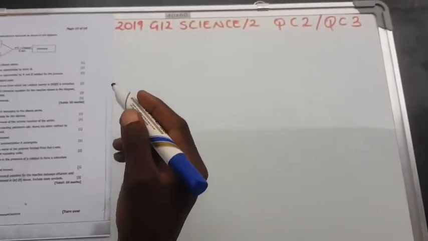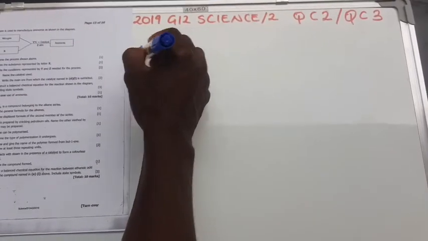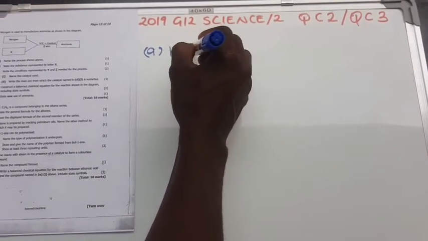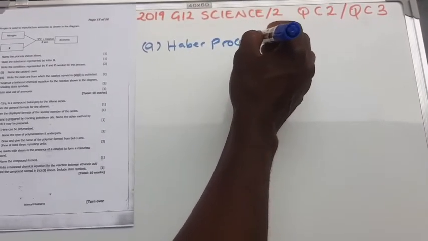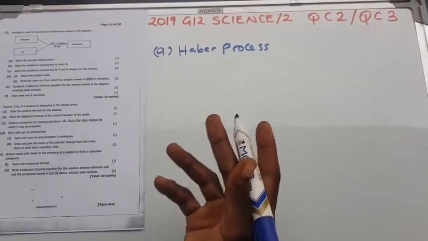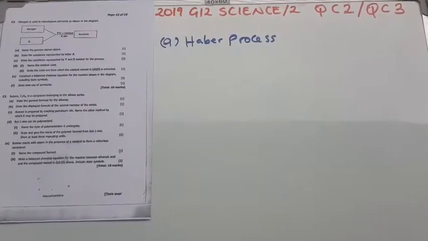The process that is used to manufacture ammonia is what we call the Haber process. So the Haber process is a process that is used to manufacture ammonia at industrial level.